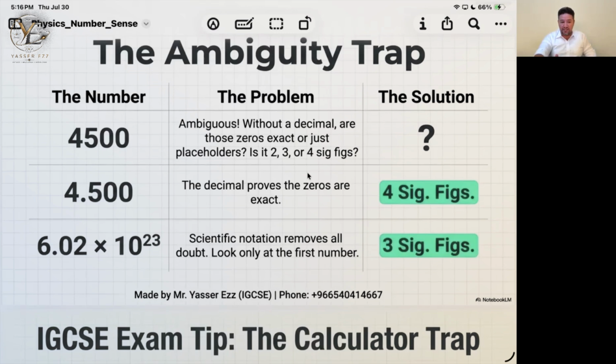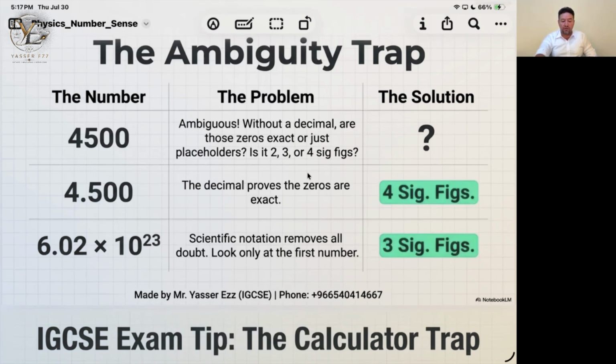It is okay if I say it's two significant figures. If I say it's three significant figures, still okay. Four significant figures, also okay. But if we have a decimal point, it means we are going to count all of them as significant figures. So 4.500 is four significant figures.